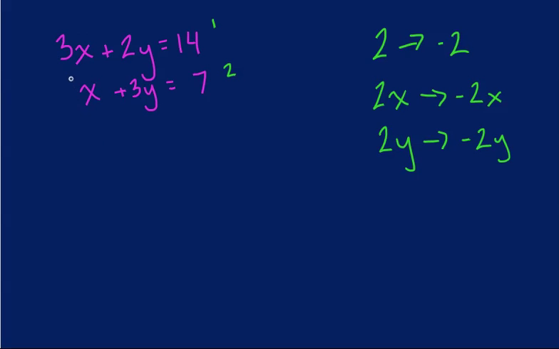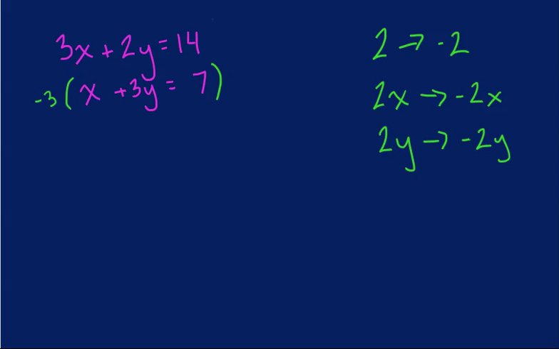When we're doing the elimination method, you just want to go ahead and multiply this by whatever would make the opposite. So if x is here, we know that we have a positive 3x, so we need to make this a negative 3x. So I know that I would want to multiply everything by a negative 3. And you have to multiply everything by a negative 3. I'm going to go ahead and erase this 2 really quick, just so we don't get confused and think we're taking it to the second power.